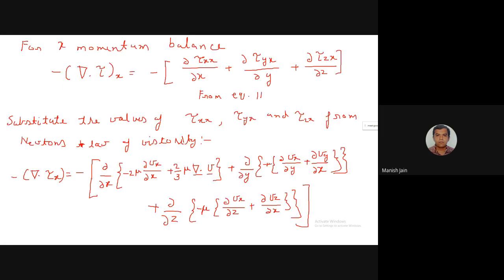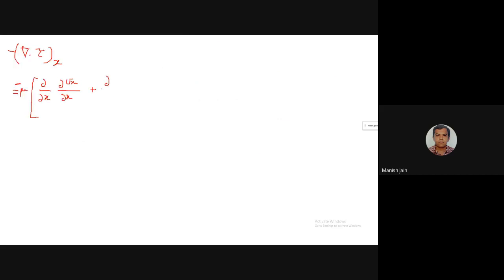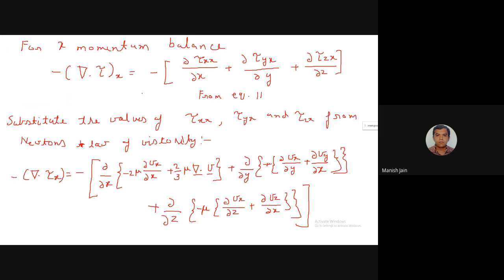Del by del x, del vx by del x, this is the 2, so it will come again del by del x, del vx by del x, because here you have the 2 mu.